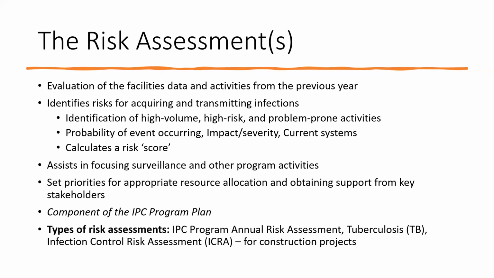Together, the IP and other stakeholders relevant to this process will sit with the contractor and review the ICRA and score and rate hazards and metrics that should be in place before the start of a project.